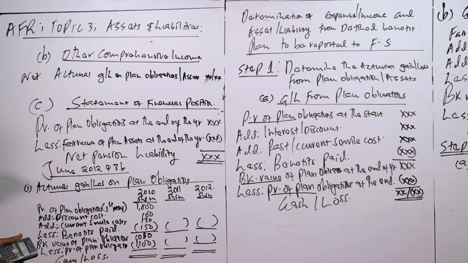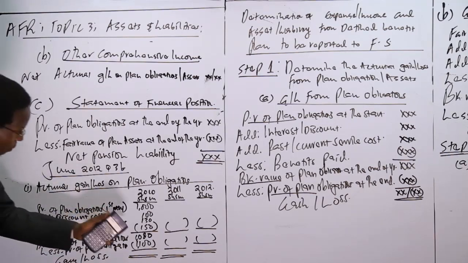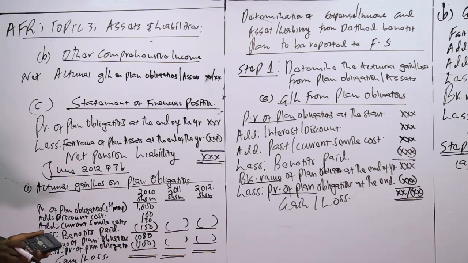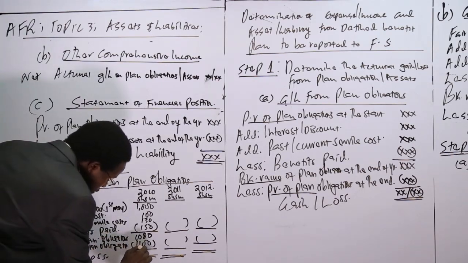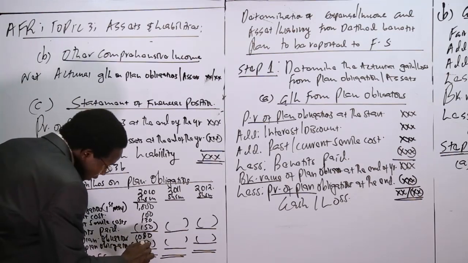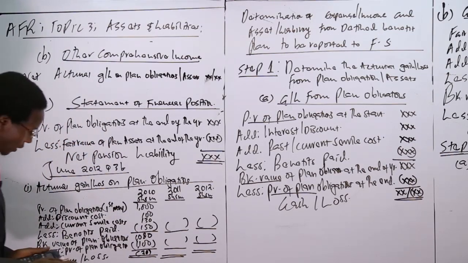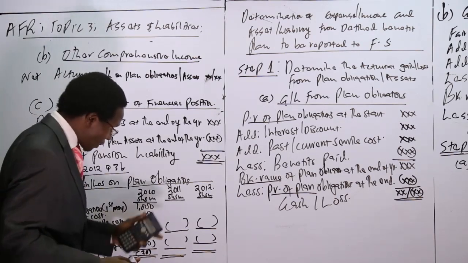Remember, that is an obligation. Book value is 1080, but the present value is 1,100. So the present value is more than the book value. That's a loss of 20. Let me show it as a loss.